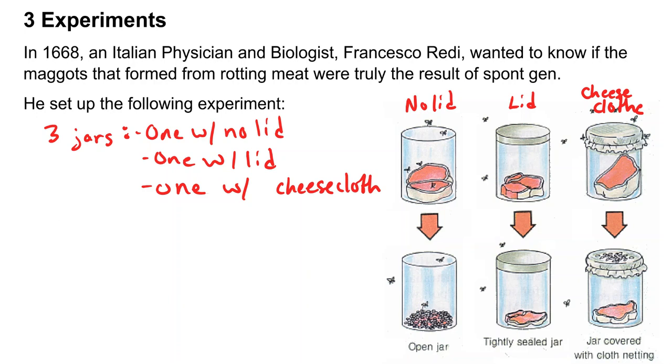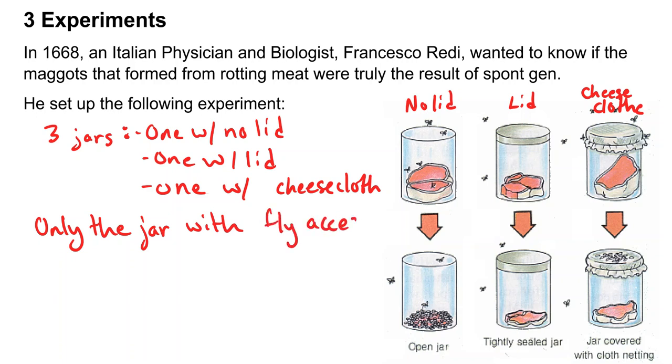And so his results, what he found, his observations, is that only the jar with fly access to the meat formed maggots.